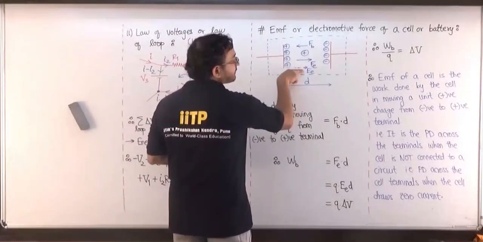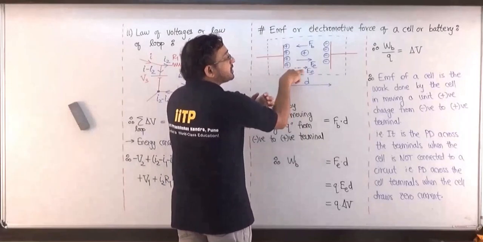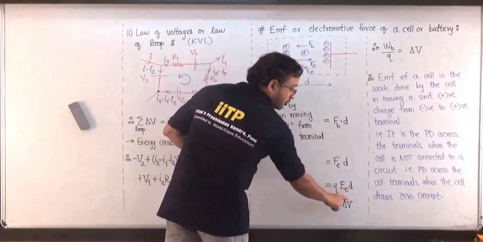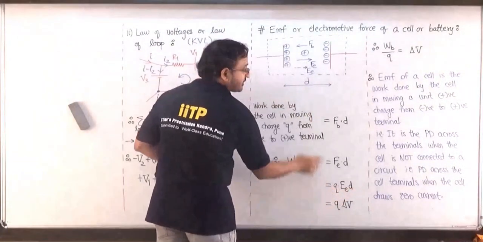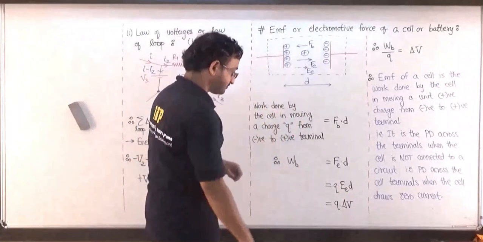So given that electric field here, when it reaches equilibrium, is nothing but the potential difference divided by the separation, that gives me that separation multiplied by electric field is nothing but the potential difference across the terminals.